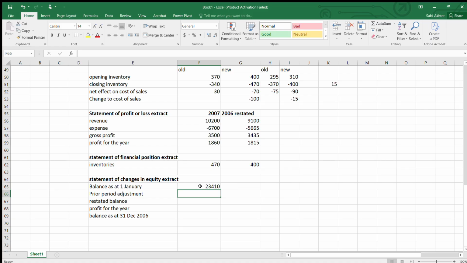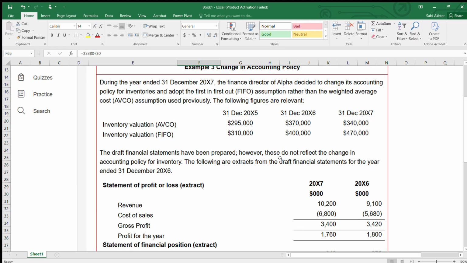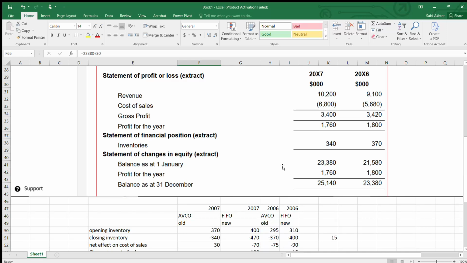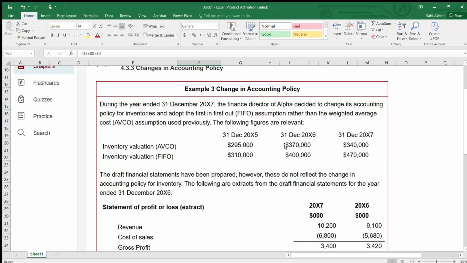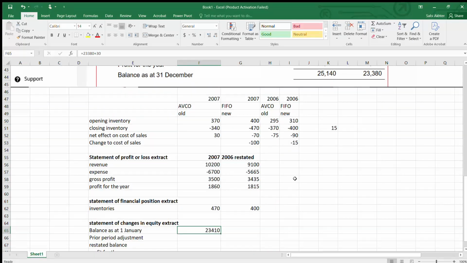Because we are not taking this figure entirely, we are dropping the zeros and taking the figure. Because when we have dealt here, we have dropped the 3 zeros in the extracts. Here also we have to do the same thing. We are not taking 400,000 minus 370,000, rather we are taking 400 minus 370. That's how we are taking 30 and adding here with the opening balance.